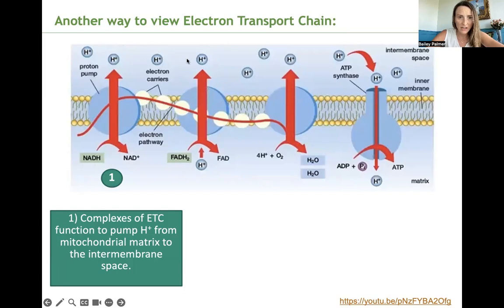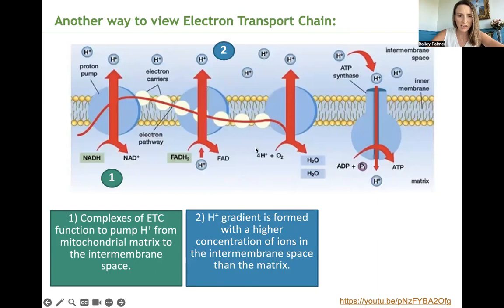This creates a high concentration gradient of hydrogens. Our body does not like concentration gradients and likes to even out all of these inequalities. And so what happens is these hydrogens will be pumped back down through something over here on the far right called an ATP synthase complex. This is where the majority of the ATP is made.